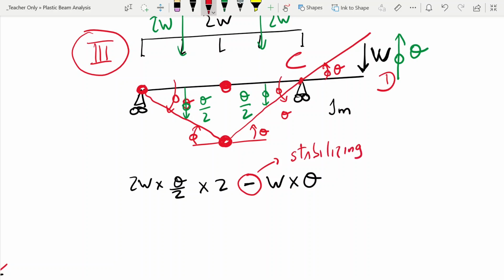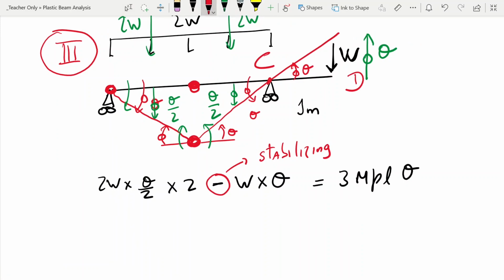It's a load that if it didn't exist, the collapse mechanism would be more critical. So that's the way you do it. And now this equals, and now how many MPs do we need? We need 1, 2, 3, and not 4. Remember here, we don't have a plastic hinge. So there, we don't need to consider the MP. So how many do we have? 1, 2, and 3. So 3 MPL theta.